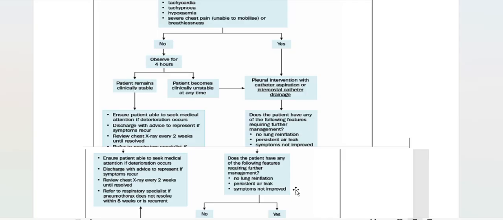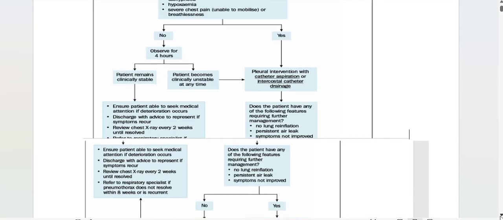Most of the time, whenever we do the chest tube, we have to perform an x-ray just to confirm that the chest tube is in the place where the pneumothorax is, where the air is trapped. So we have to make sure that the chest tube drain is fine. If it's not, then we have to refer the patient.